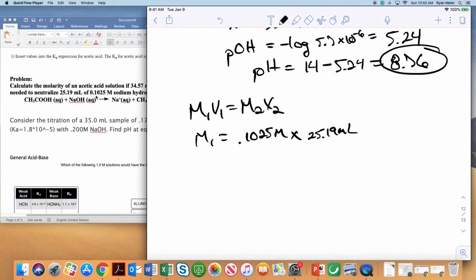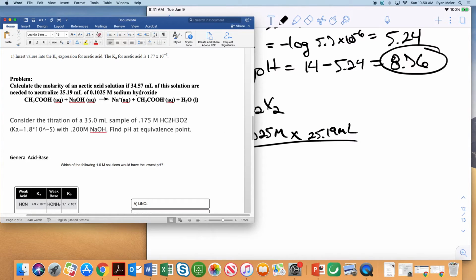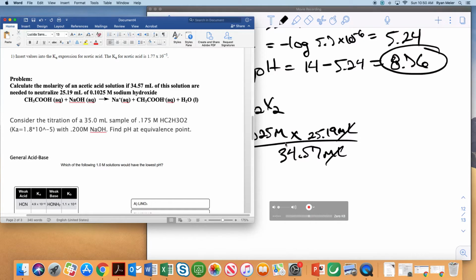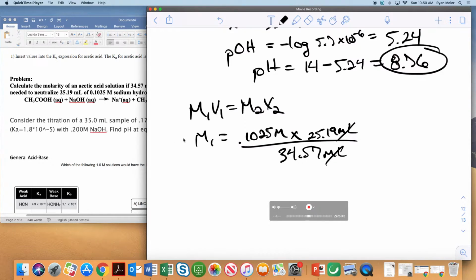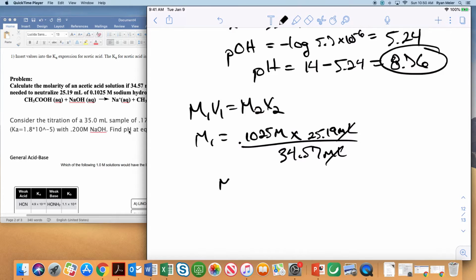And again, I can leave this in milliliters as long as I use the volume for the other one also in milliliters, 34.57. So that this way my units cancel out for the milliliters. I'm going to get a concentration in molarity. And this M1 for my unknown solution is 0.1025 times 25.19 divided by 34.57.